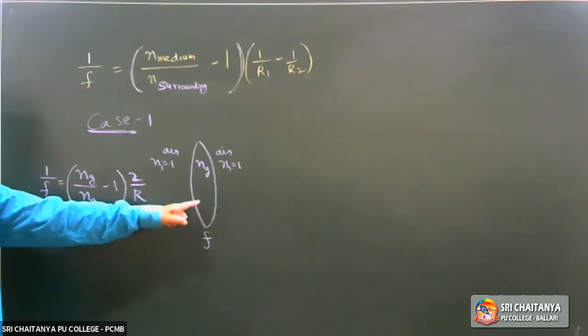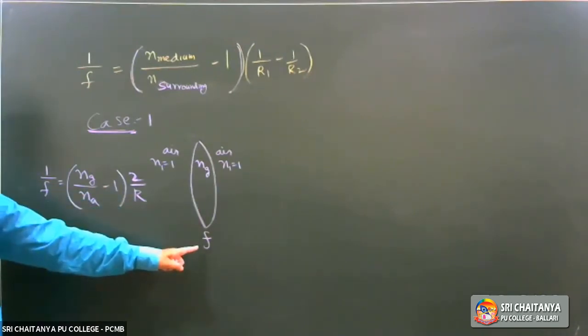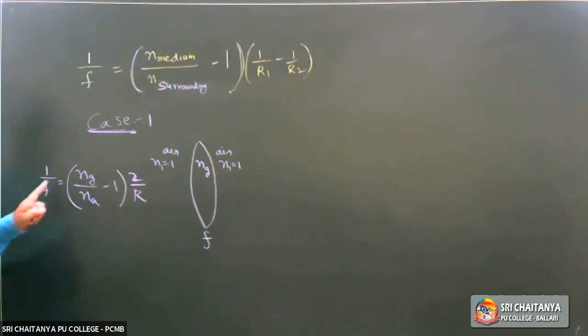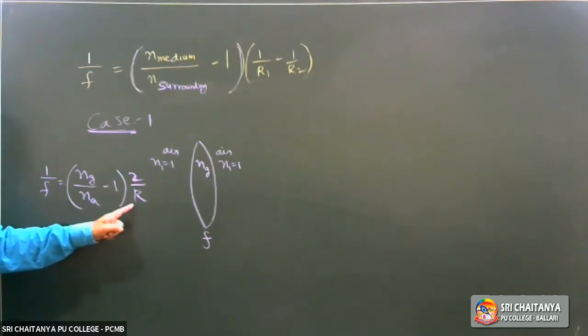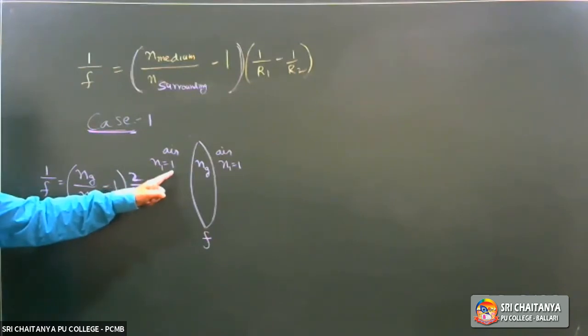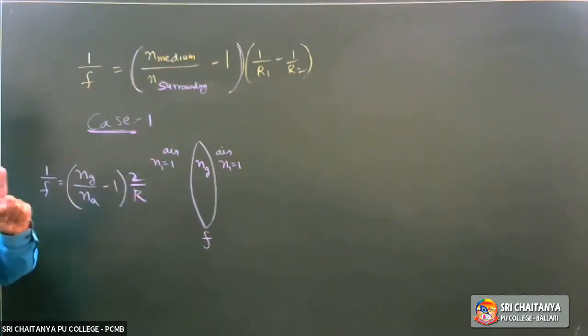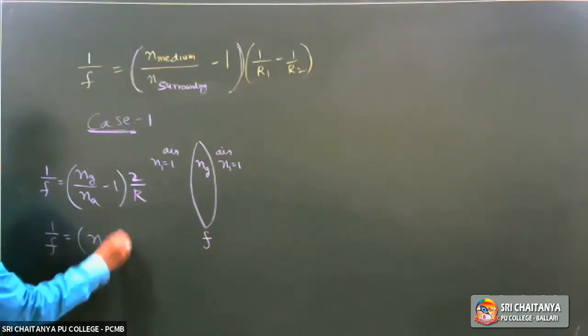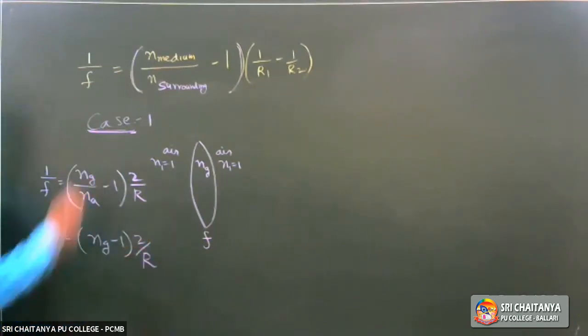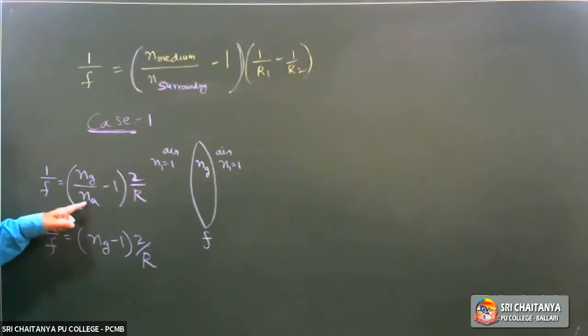Whenever the convex lens made of glass is kept in air medium, the focal length is F. 1 by F is equal to (Ng by Na minus 1) into 2 by R. But Na value is 1, the refractive index of air. So 1 by f is equal to (Ng minus 1) into 2 by r. Equation 1.